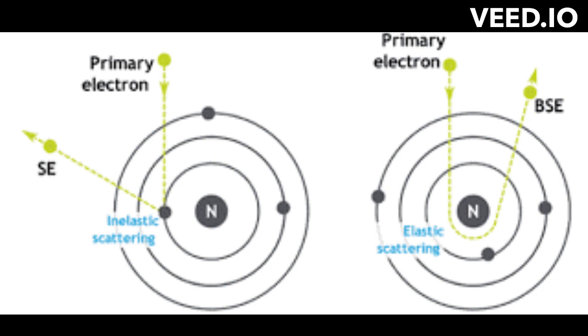There are two modes of electron detection which allow for different types of imaging and analysis, each giving vital insights. Backscattered electrons can be detected to give contrast based on different chemical compositions across an image. Secondary electrons, emitted close to the surface of the sample, give information about the surface topography.